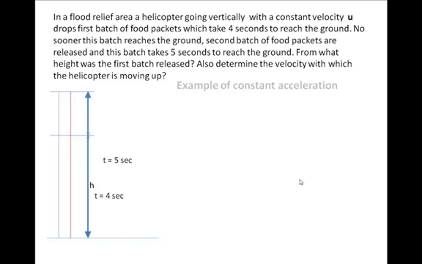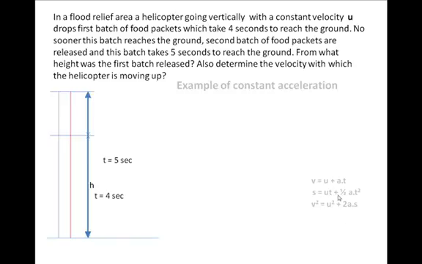Now how are we going to solve it? When it's a constant acceleration, you have our very basic three kinematic equations: v is equal to u plus at, s is equal to ut plus half at square, and v square is equal to u square plus 2as.